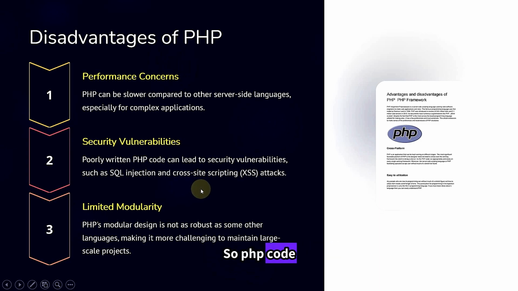PHP code can be manipulated by hackers, and by creating cross-site scripting attacks, PHP is very vulnerable. The third disadvantage is limited modularity. PHP cannot be used for very large projects. So these are all the disadvantages of PHP.